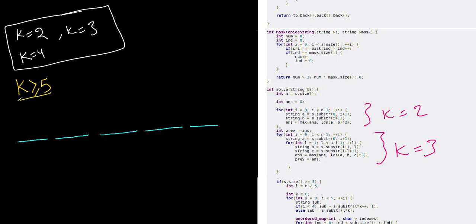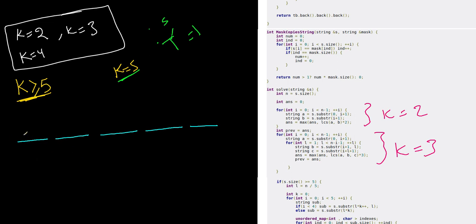Now let's take k greater than or equal to 5, and take an example k equal 5, and assume the length of the longest powerful string is 5. So we have 5 copies. That means the length of t prime is 1.